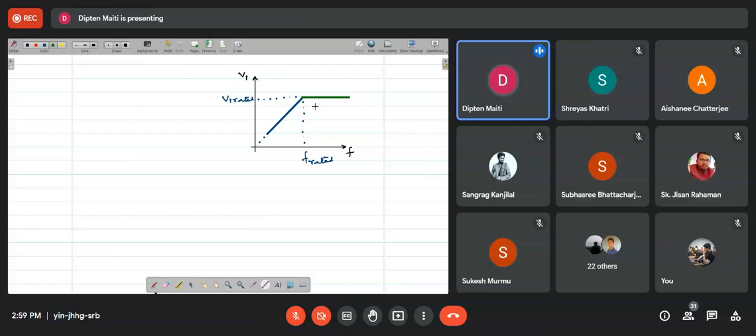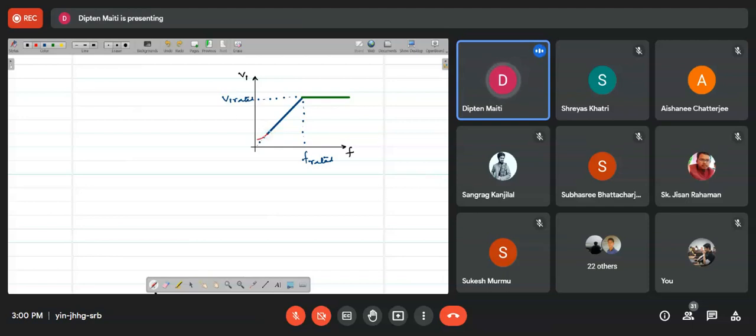If this happens, we reach something called the reduced flux operation. As the voltage remains constant while the frequency increases, the flux goes on reducing. That is also called the constant power region. However, at lower frequencies, we cannot maintain the V by F ratio constant.